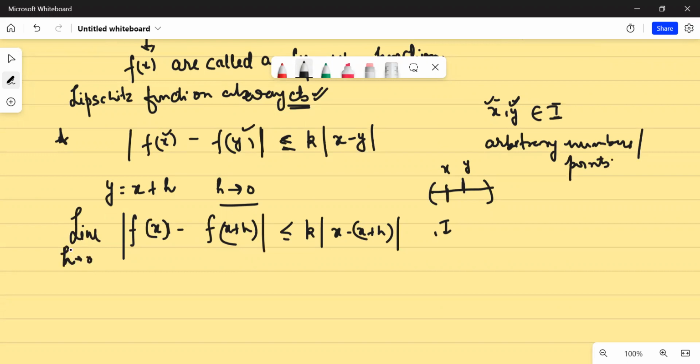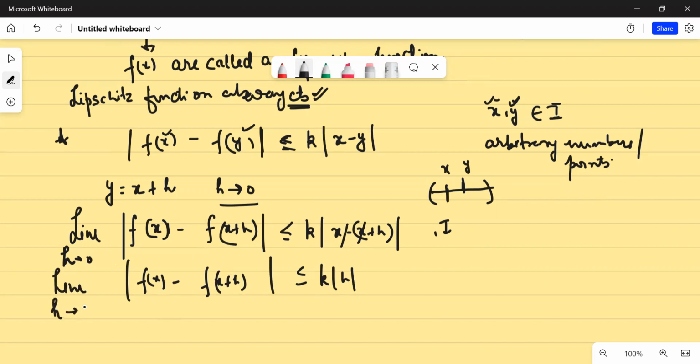This will get cancelled, and this is k times modulus of h, and here it is f(x) minus f(x plus h), with limit h tends to 0.